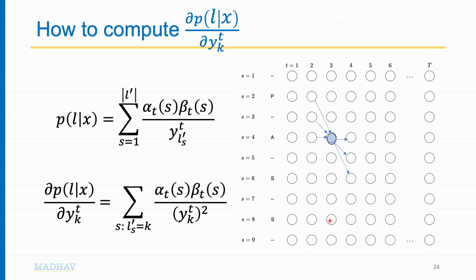The neural network just says the probability of capital S given the input audio is this much. Whether it is this capital S or this capital S depends on the path. That is not given by the neural network, right? So we do summation over all the S which correspond to capital S.